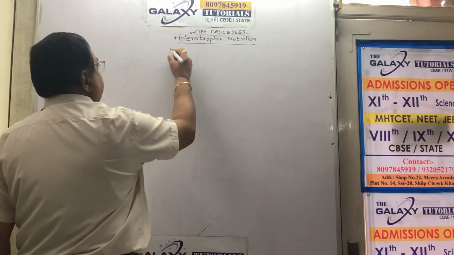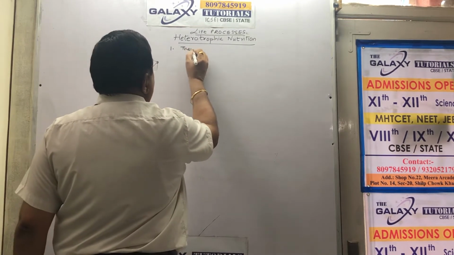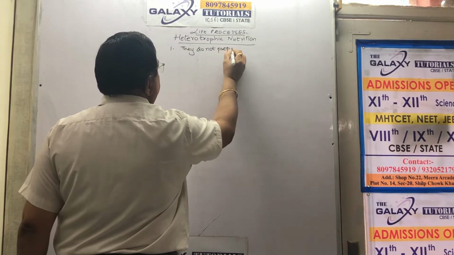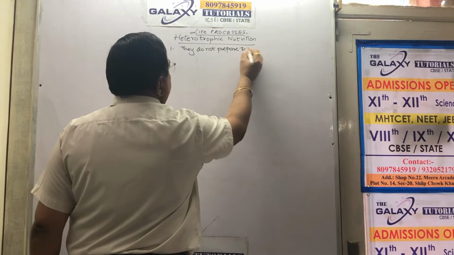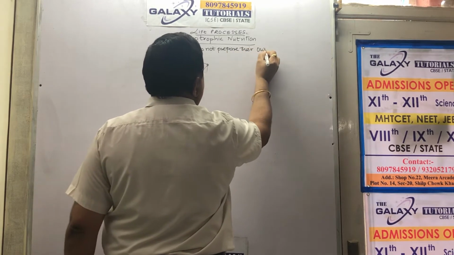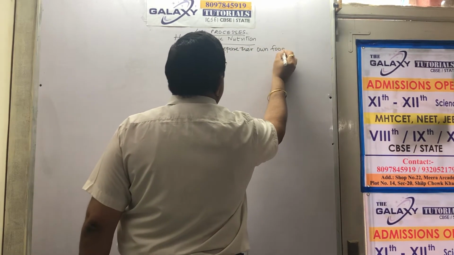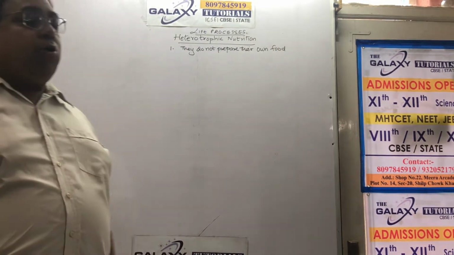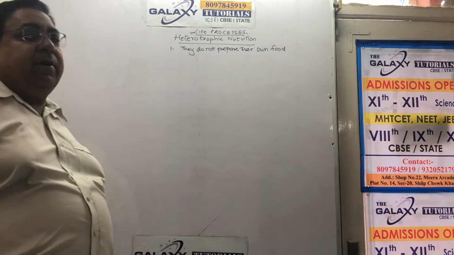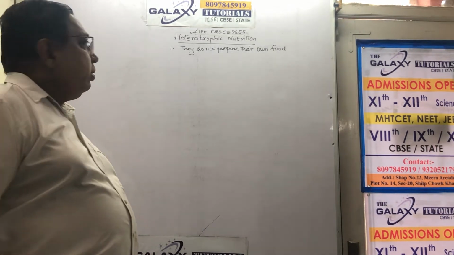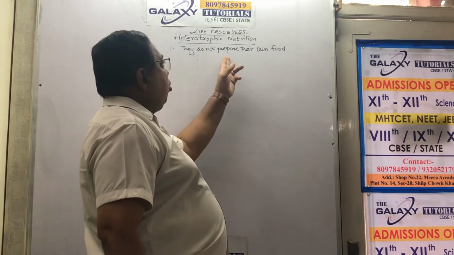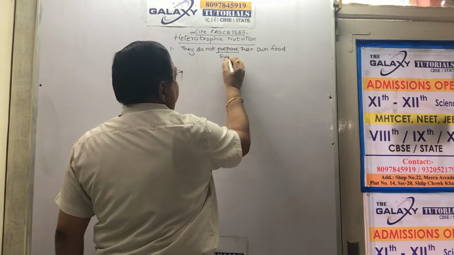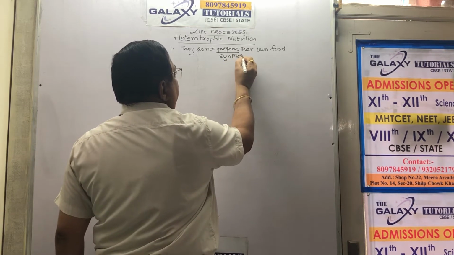So we know first that they do not prepare their own food. Prepare does not mean go to the kitchen. We mean synthesize, start making from raw materials, inorganic materials. That is how we are saying they do not synthesize their food from raw material.